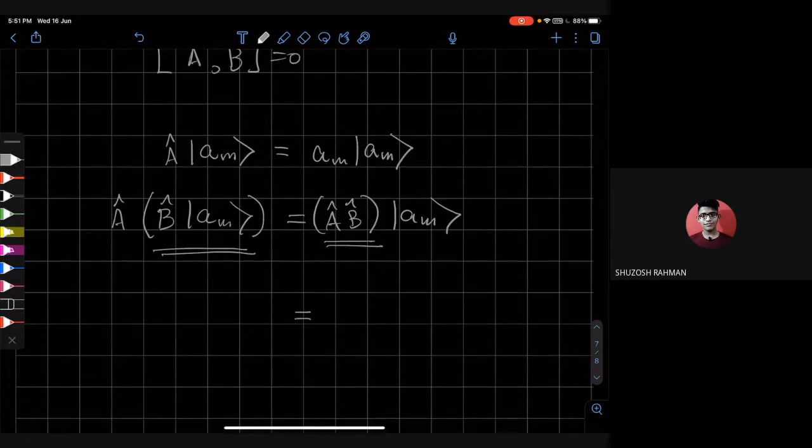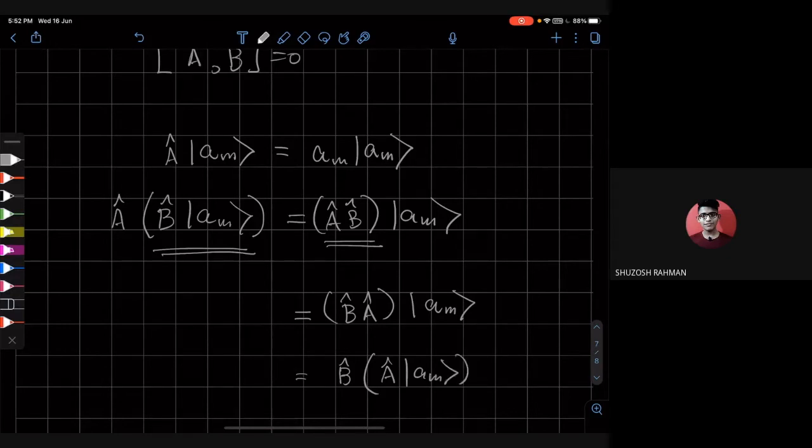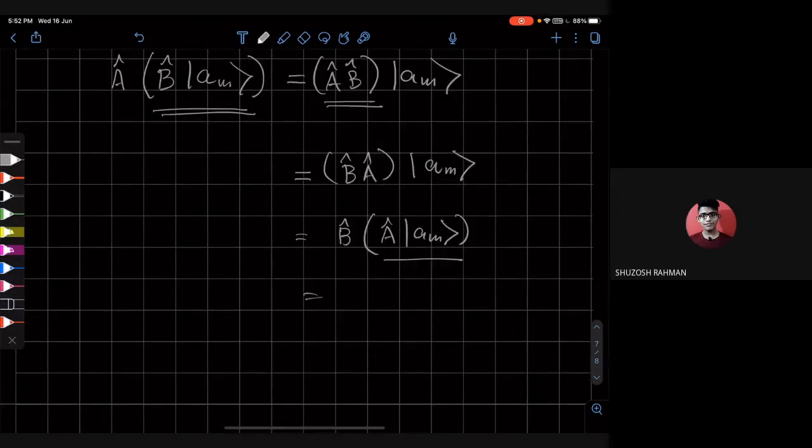And then, because they commute, I can write this as BA, okay? And then I can say B, A acting on A of M. But what is this? This is AM, right? So AM can be factored out.